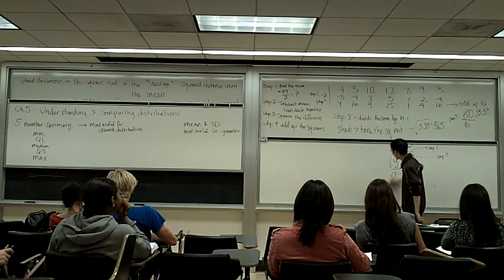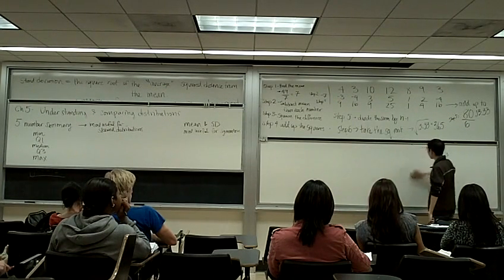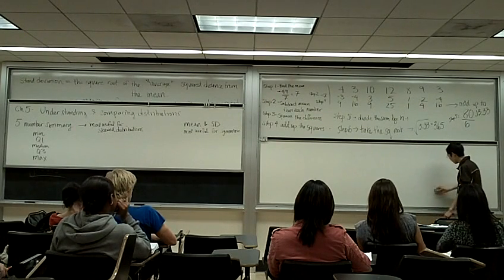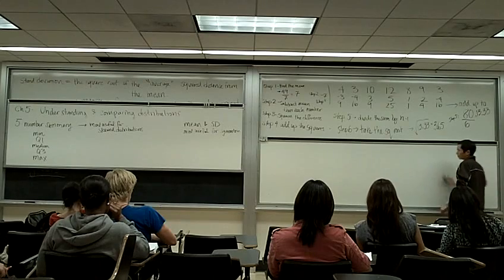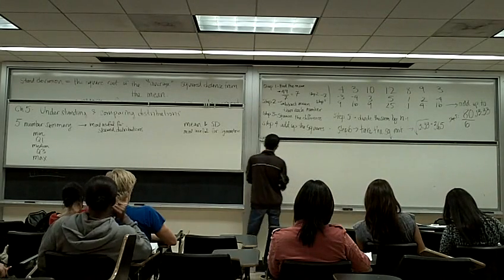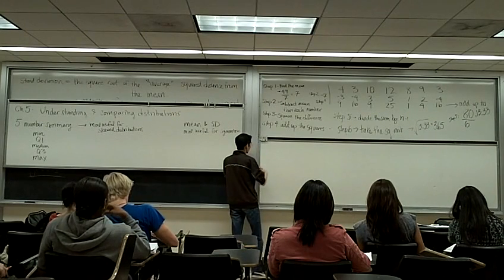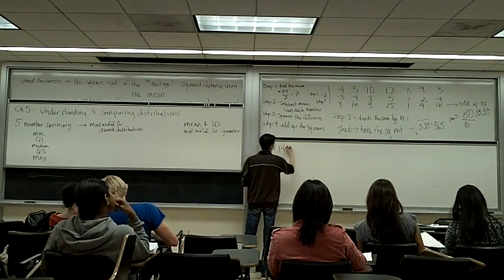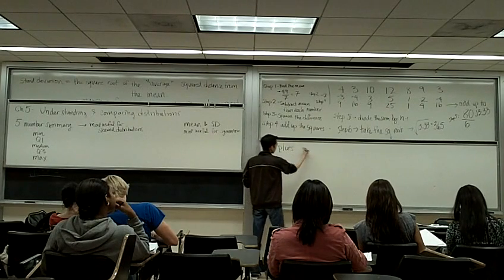I'll just get into box plots, and box plots derive directly from 5-number summaries here. So let's see. Box plots.